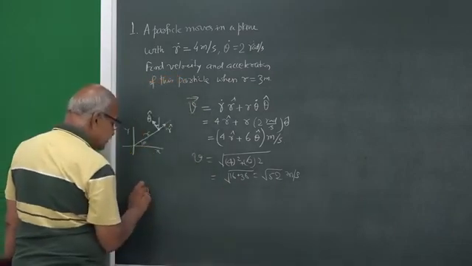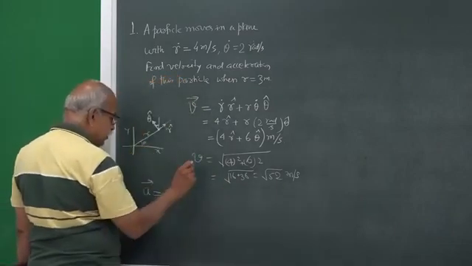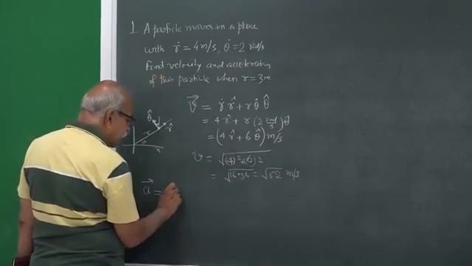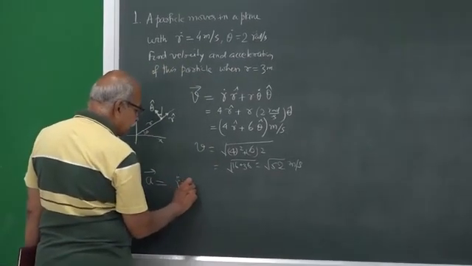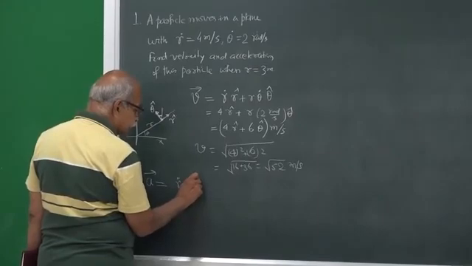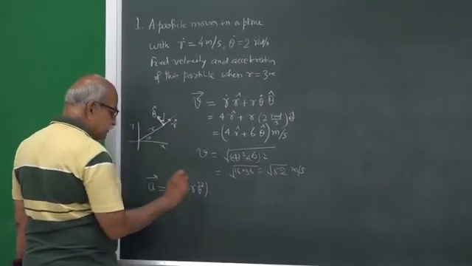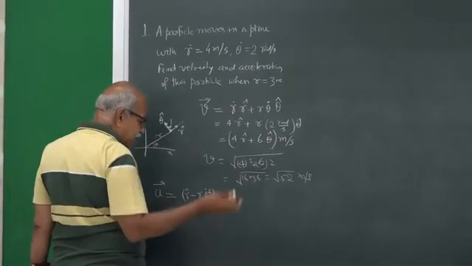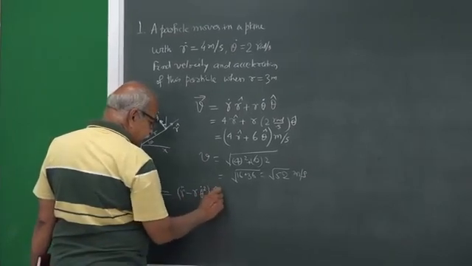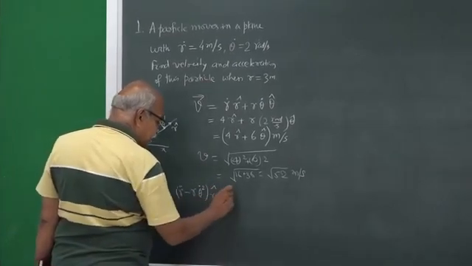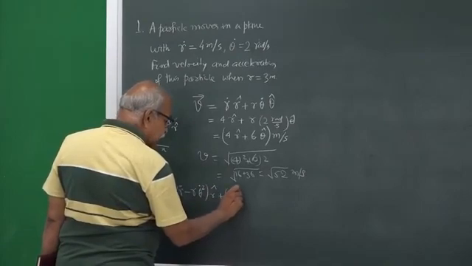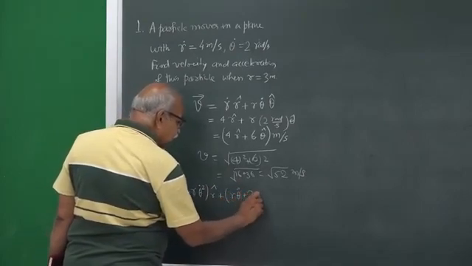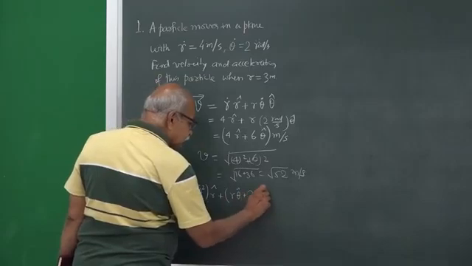Then the radial component of acceleration is r double dot minus r theta dot square, in the r cap direction, and the transverse component is r theta double dot plus 2 times r dot theta dot.